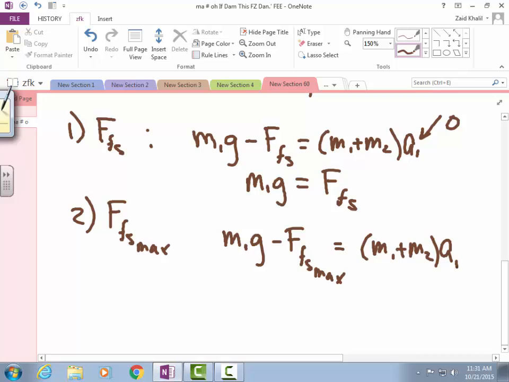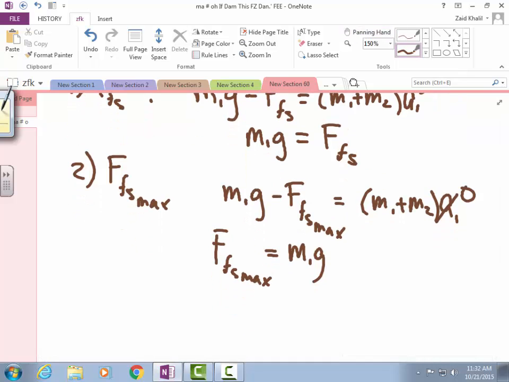It's 0 yet again. So yet again we have FFS max equals M1G. But we have an expression for FFS max. One second. What is FFS max equal to? Go back in your notes. It's mu s Fn, which was mu s times M2G.